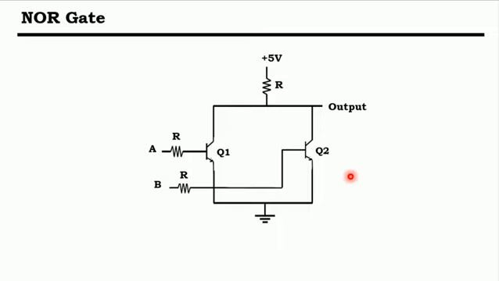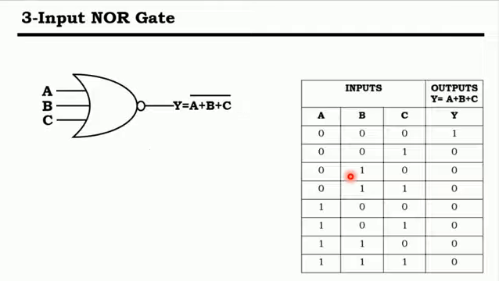If the input is greater than 0.7 volts, the transistor is on. If the transistor gets less than 0.7 volts as an input, it is off. This is the basic output of a 3 input NOR gate, represented this way, and the output is seen over here.